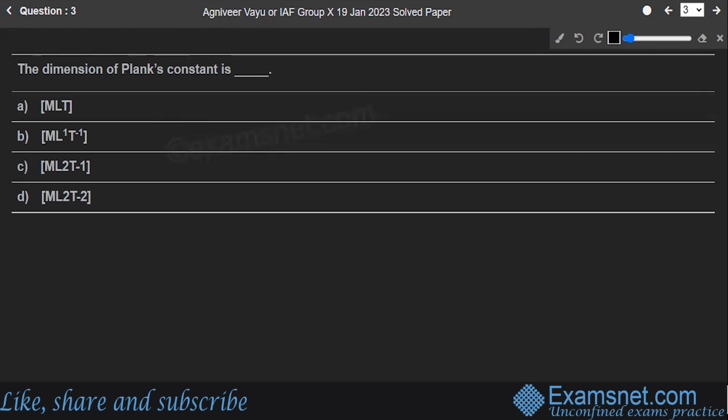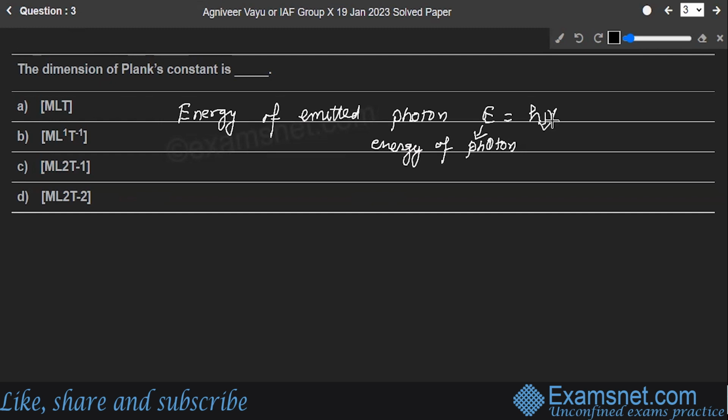And if we talk about the Planck's constant, before going to that, I would like to talk about the energy of an emitted photon, which is given by E is equal to h into v, where E is the energy of the photon and h is Planck's constant.